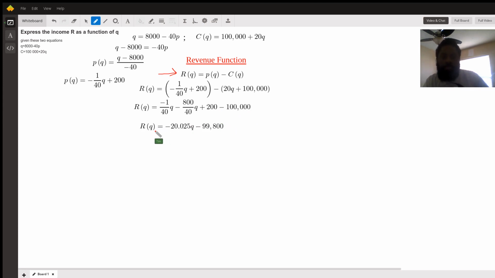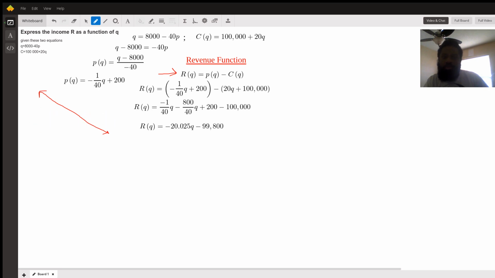Now, when you graph this as it is, it's linear, but because the slope is negative, on a graph it is not going to represent a real profit. It's going to represent a loss instead as a function on a graph.